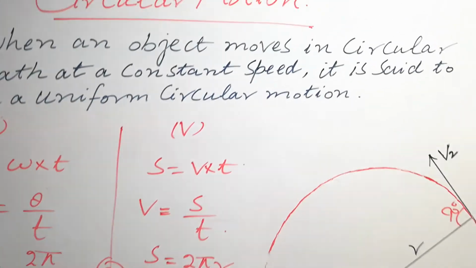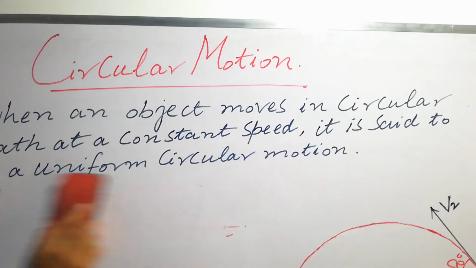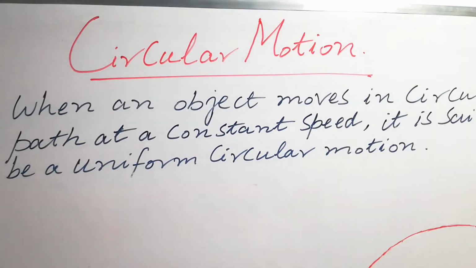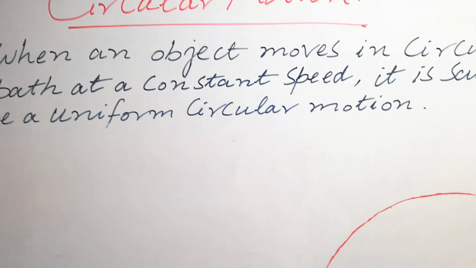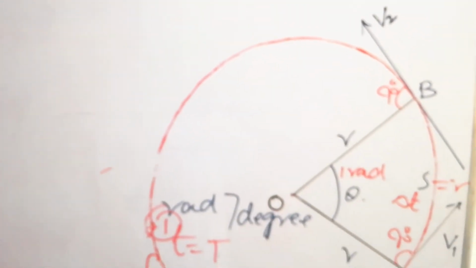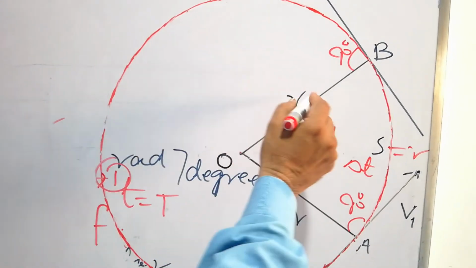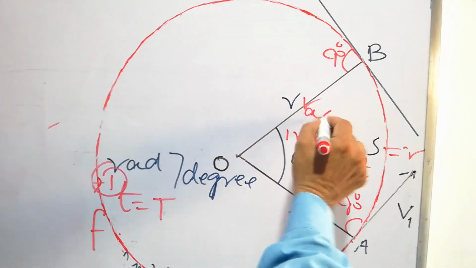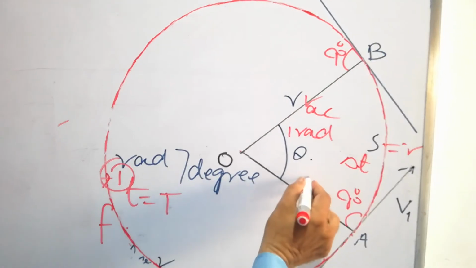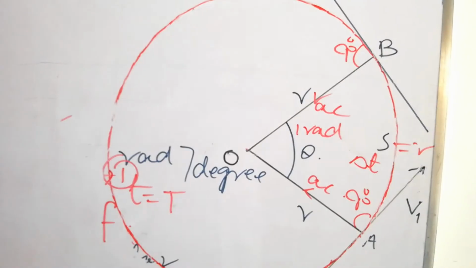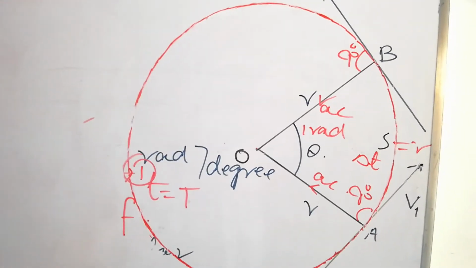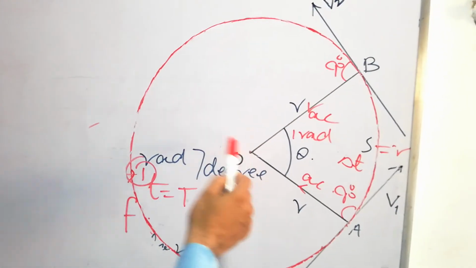And in this case, the body is moving in a circle, students. The acceleration in this case is centripetal acceleration, that is AC. It is always directed towards the center of the circle.